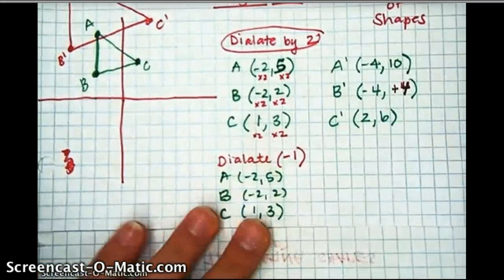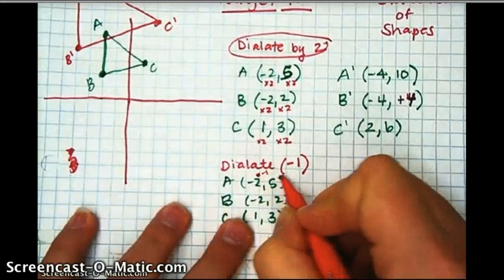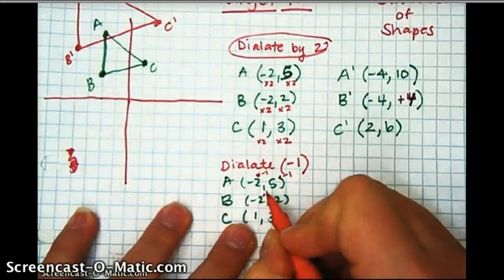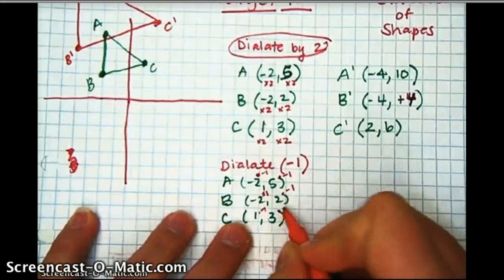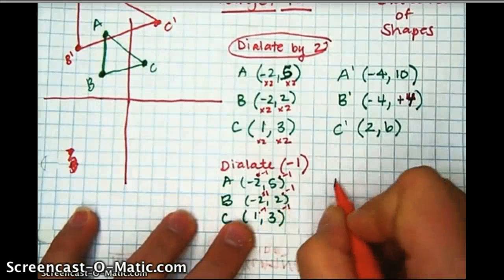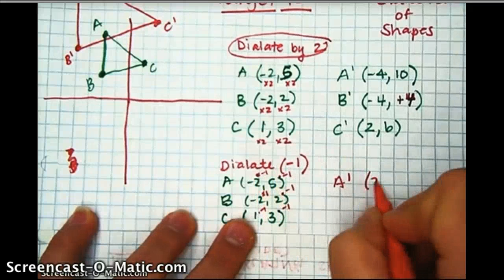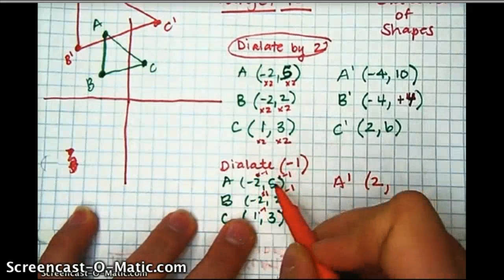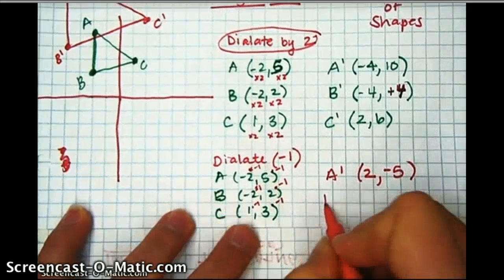So if we multiply by -1 everywhere, let's see what happens. I'm kind of curious. Our new A: -2 times -1 is a +2, and 5 times -1 is a -5. So that's our new A.